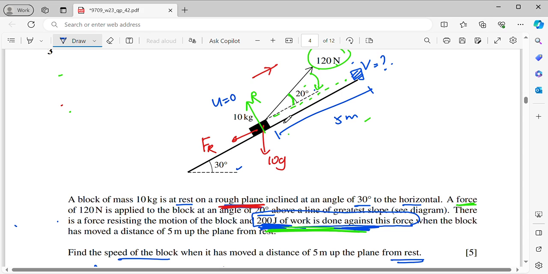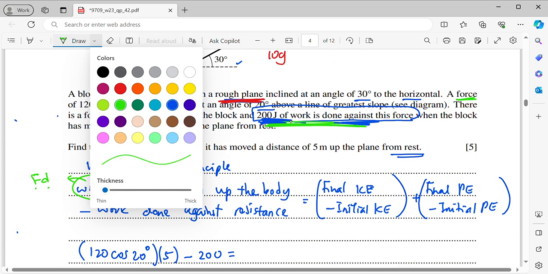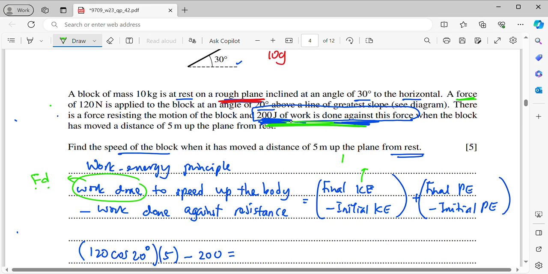For your information, the kinetic energy formula is half mv squared, and the PE is mgh. So now I will write half, my m is 10, times v squared, we do not know what v is.